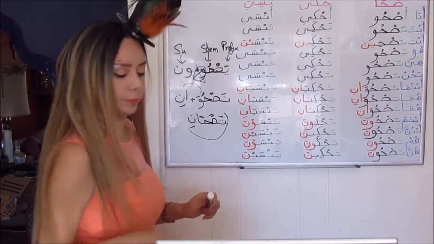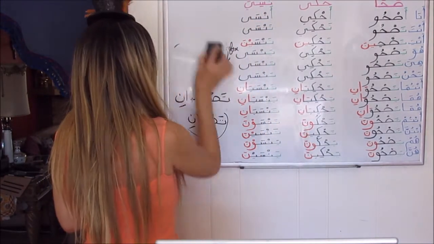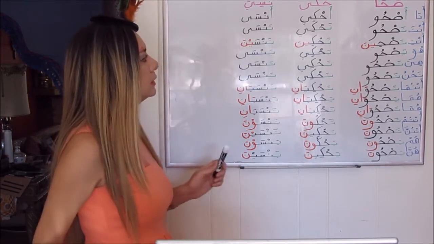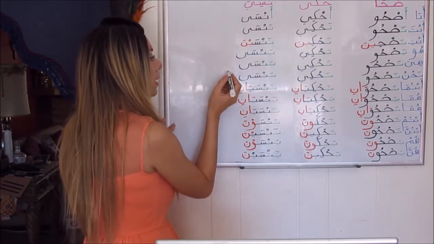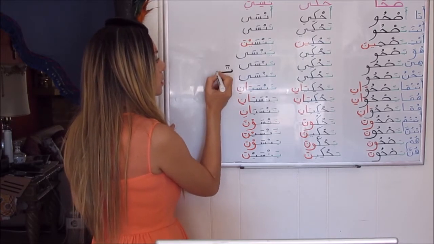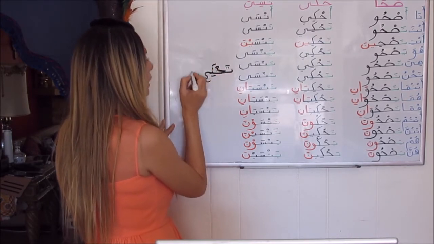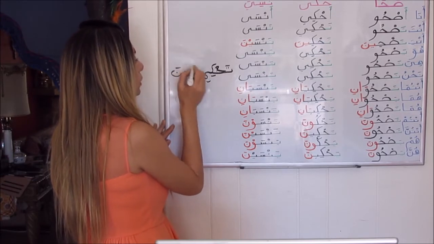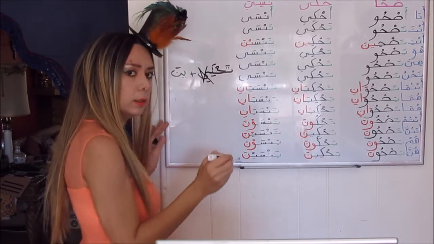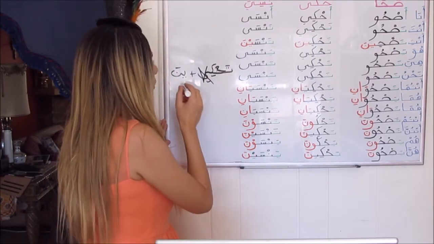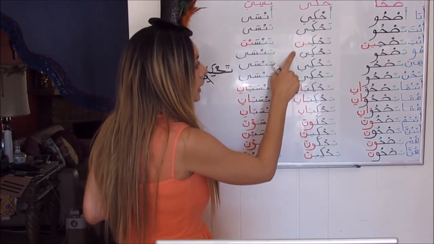So here, tahki, so we have prefix, stem, tahki, plus ina. The first one is dropped because it's redundant, and we would have tahkina.